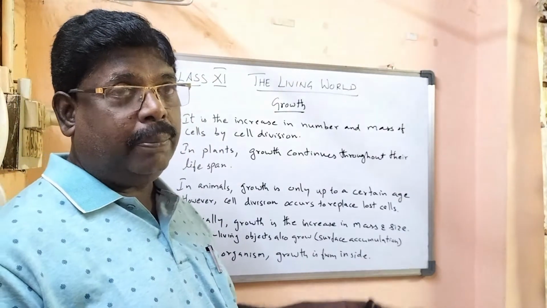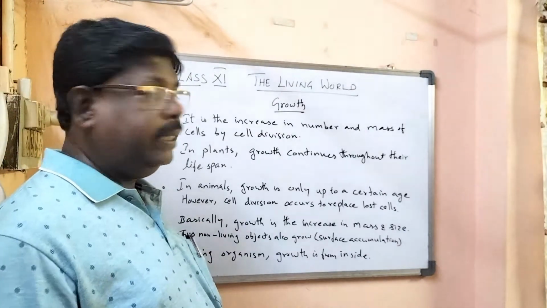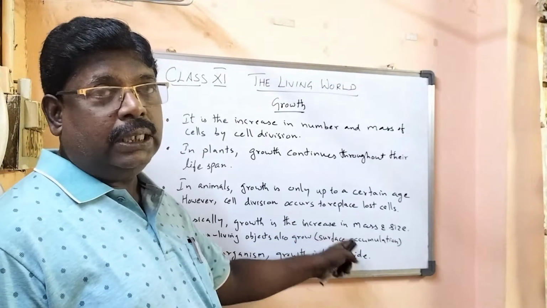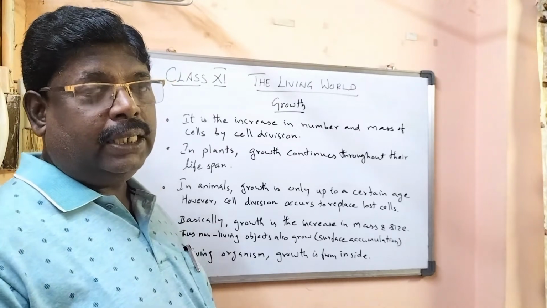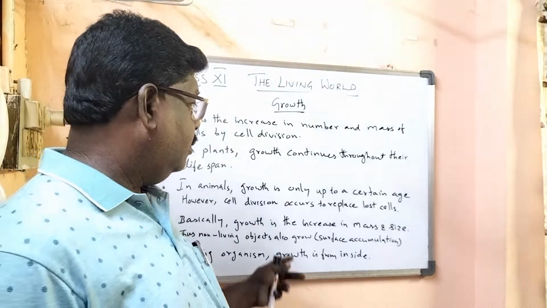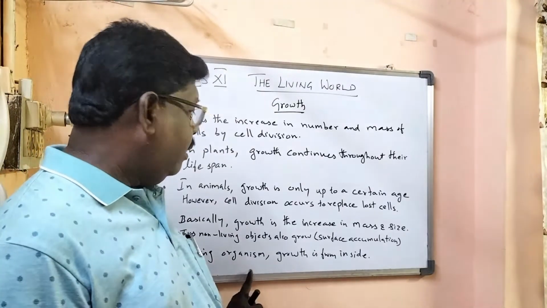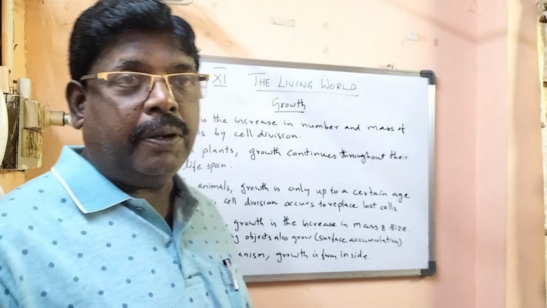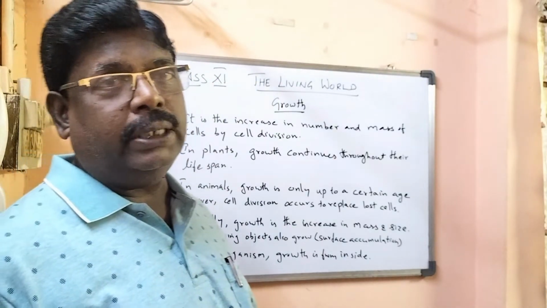When the things keep on accumulating, they also grow inch by inch. So basically, when you define growth, it is increase in mass and size. So the weight increases, the size increases. All this happens even in non-living objects also. However, in living organisms, growth occurs from inside, in all living organisms.